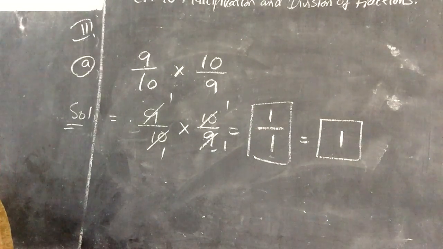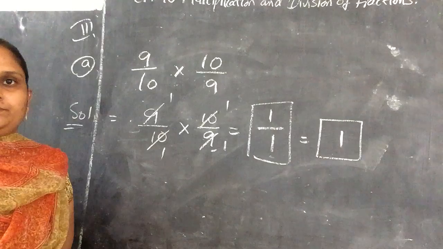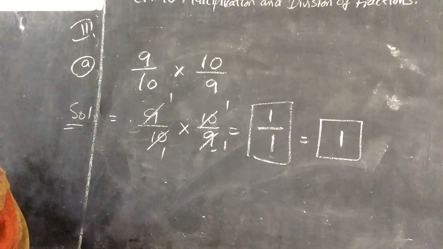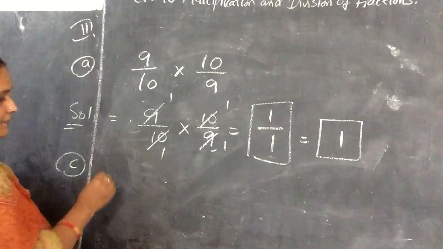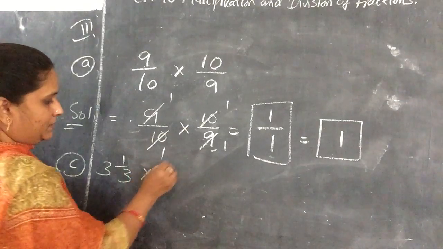Like that, remaining sums you have to do, children. In C, what they have given here is 3 1 by 3 into 3 by 10.